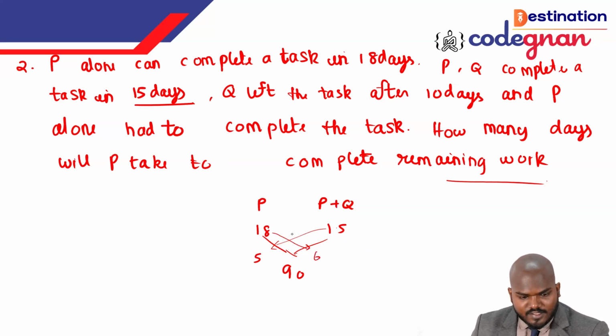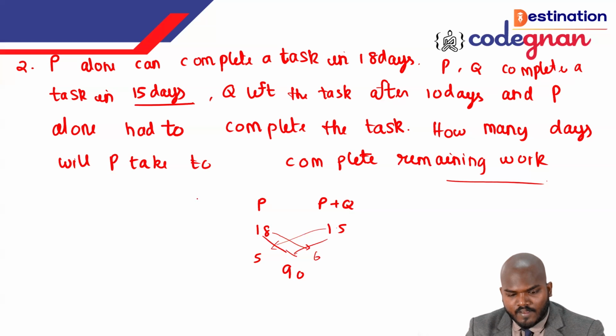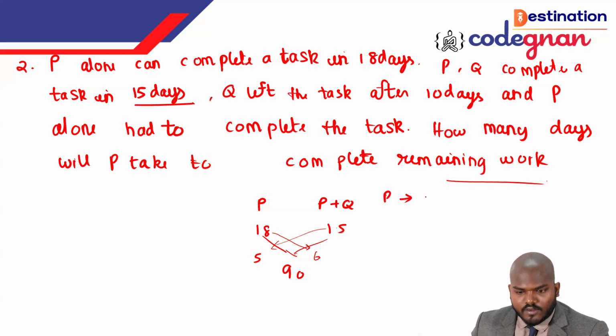So, if you want to say it very clearly, you can call it like this. P does the work 5 units. Unit means a count. 5 units per day. We are calling it the part, right?